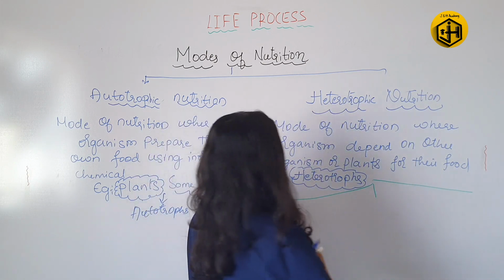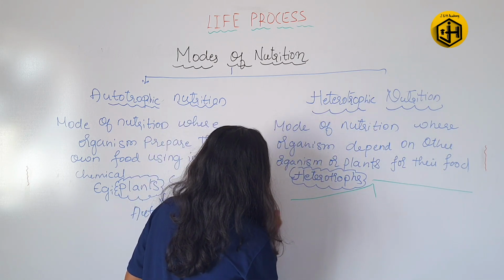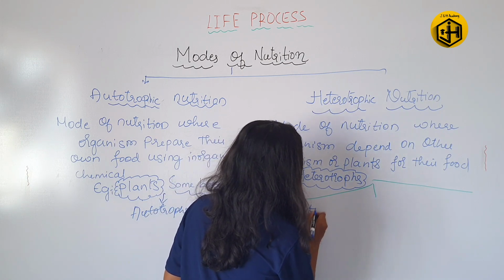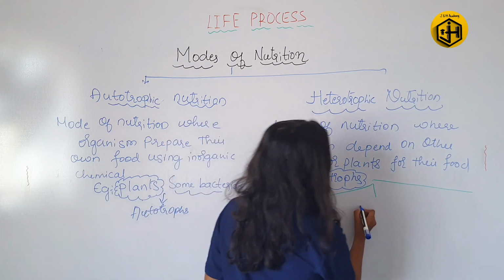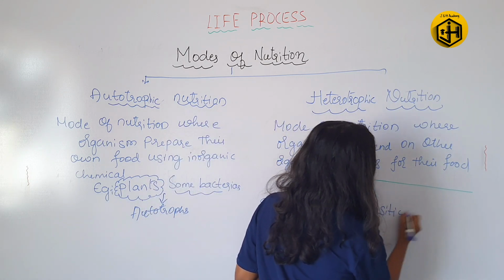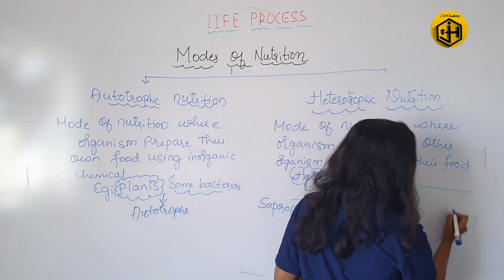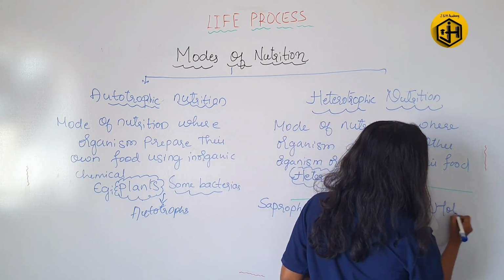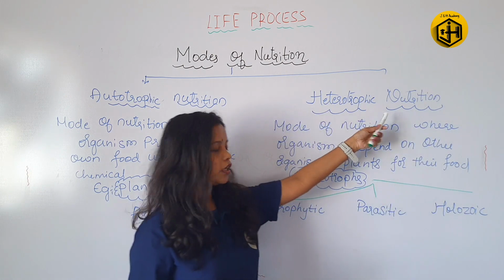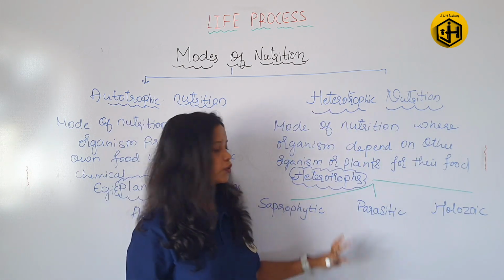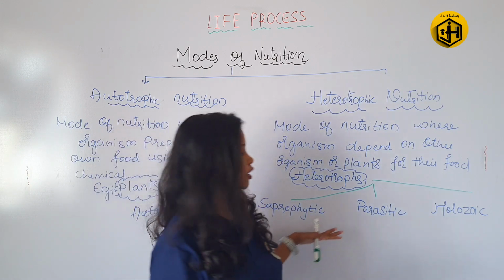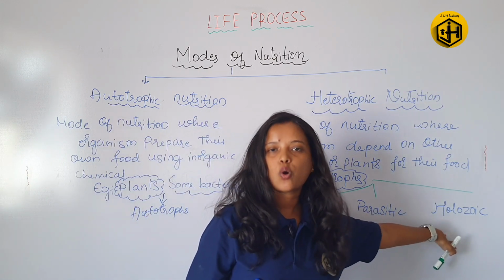First is saprophytic nutrition, then parasitic nutrition, and the last one is holozoic nutrition. So heterotrophic nutrition is again divided into 3 subtypes: saprophytic nutrition, parasitic and holozoic.